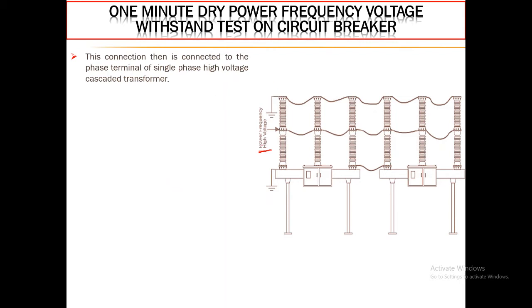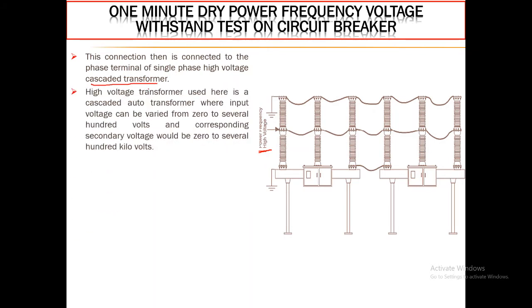The high voltage transformer used is a cascaded auto transformer, where the input voltage can be varied from 0 to several hundreds of volts, and the corresponding secondary voltage would range from 0 to several hundreds of kilovolts.